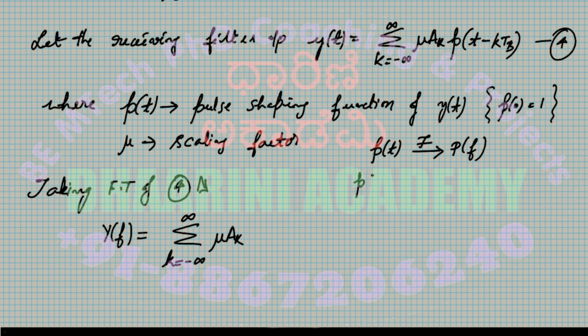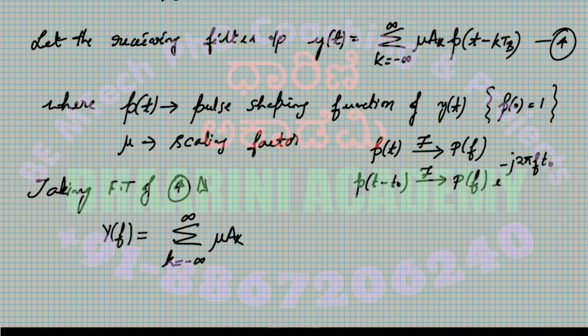If I write t minus t naught, then its Fourier representation has to be the same P of f which you wrote earlier into e to the power minus j 2 pi, right, into the frequency f into the t naught, right? But now I don't have t naught, I have k tb.